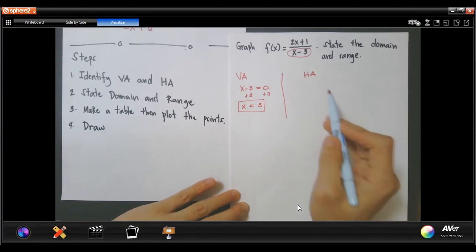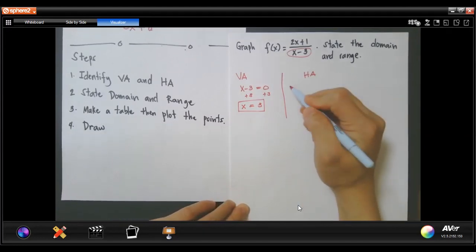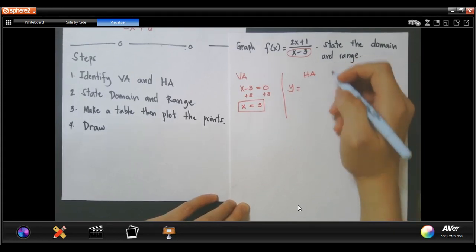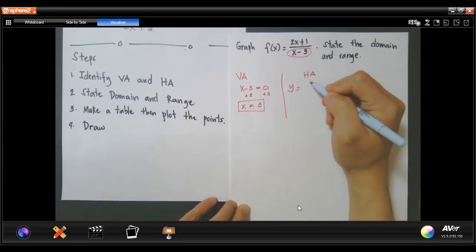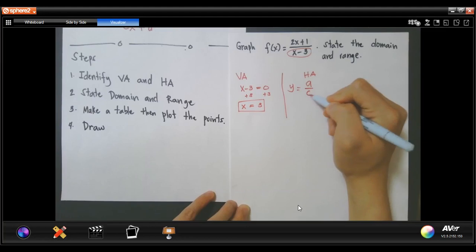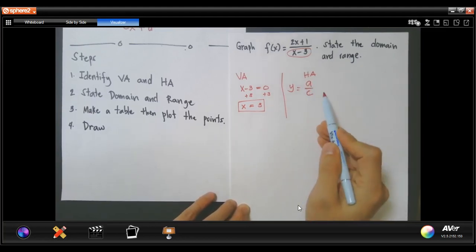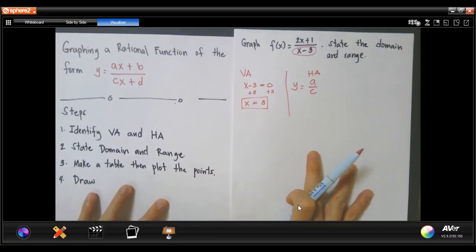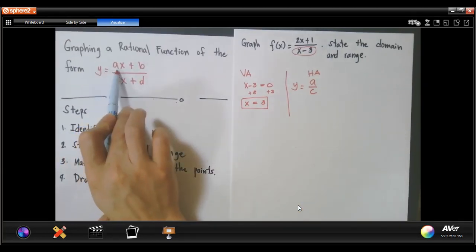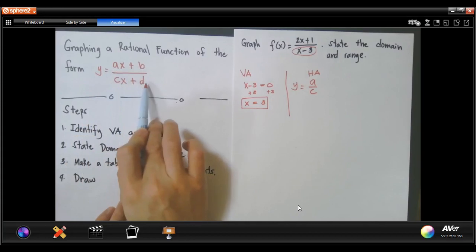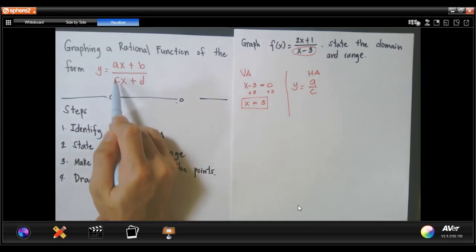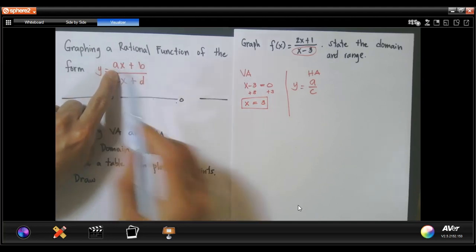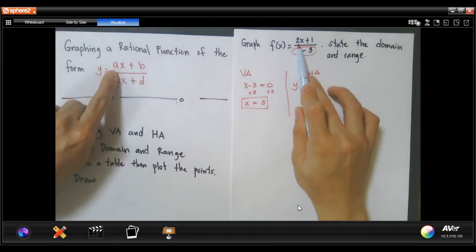Now for your horizontal asymptote, which is your y, the equation that you will be using is a over c. Where do we find those a over c? You go back to the form a while ago. The form is y is equal to ax plus b over cx plus d. So there you go. That's your a, the coefficient of the term here, which is 2.